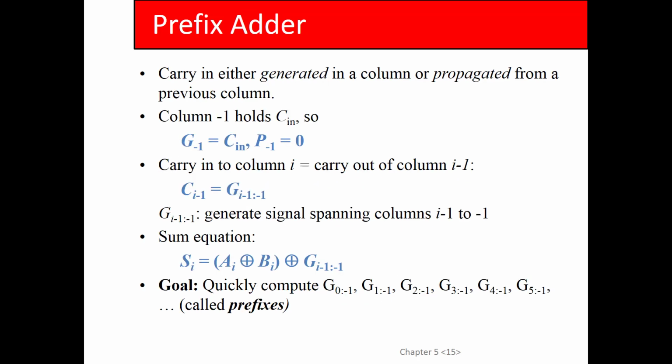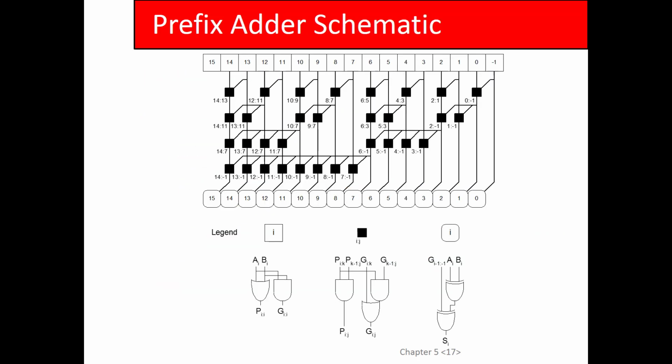So now you might be thinking, what do each of these boxes actually represent? Each of these black boxes gets 2 inputs, left and right. The one on the left is the generate input, right? So we're looking for, in this case, I'm just going to randomly select this one here, 6 down to -1.